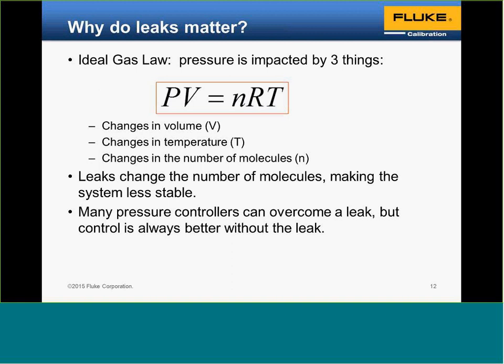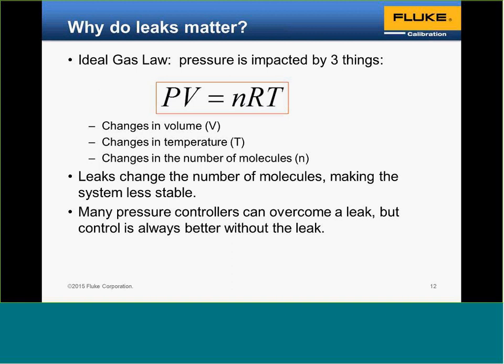So why does this matter? Well, the gas law tells us that pressure is impacted by three things that result in a change in pressure: PV = nRT, with V being changes in volume, T changes in temperature, or n the number of molecules. The pressure controller's job is to have a nice stable pressure.